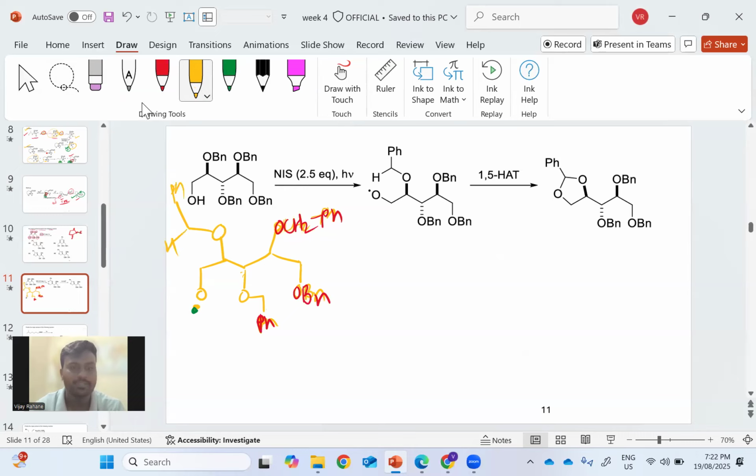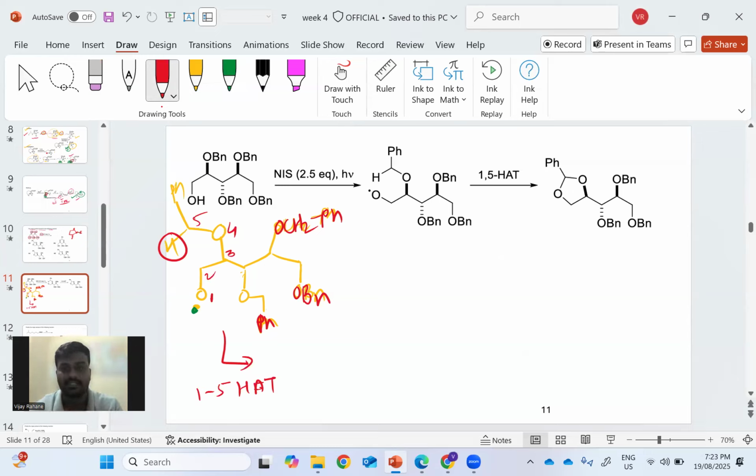Once this radical forms, if you label this one, this is one, two, three, four, and five. Again, this is the 1,5 hydrogen atom transfer, right? And what happens? This proton gets abstracted and goes to the hydroxy group, and the radical will be at that position.